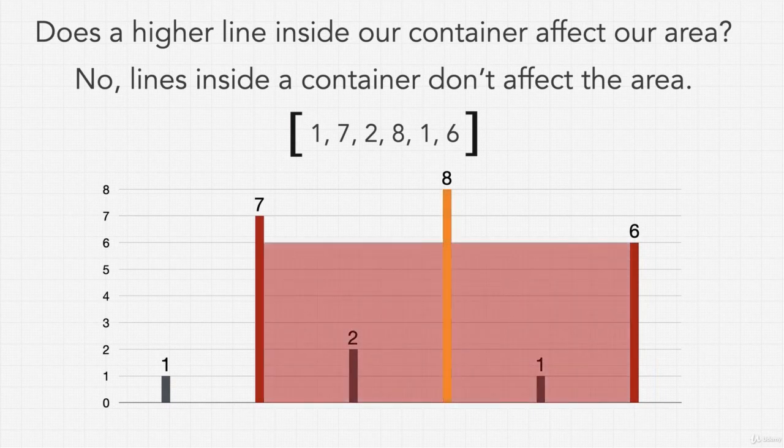Well, notice though that this 8 is taller and sticks in the middle of our container, seemingly breaking our container into two parts. The answer though is that we don't have to worry about this at all. In fact, just assume that none of the lines inside of our chosen container affect the area calculation at all.